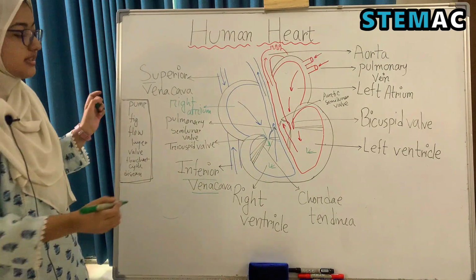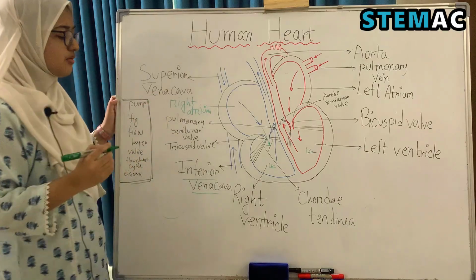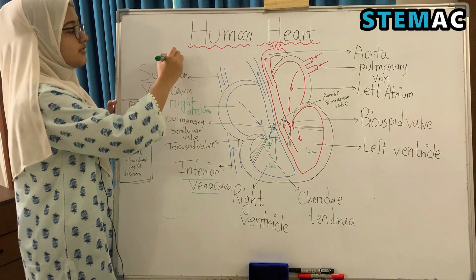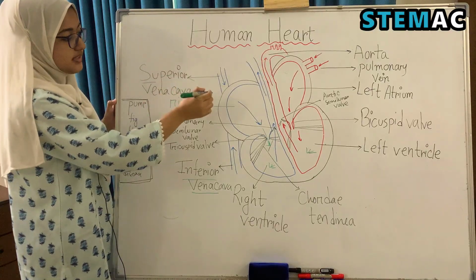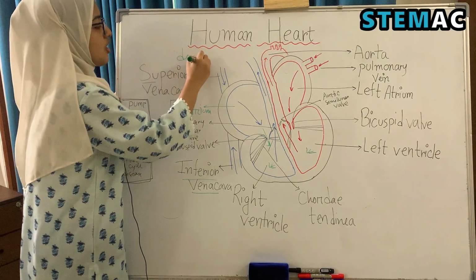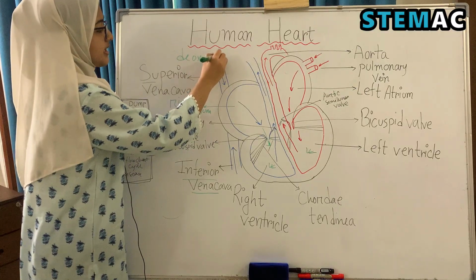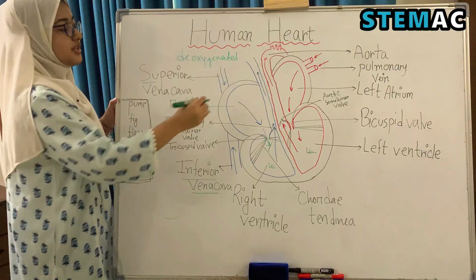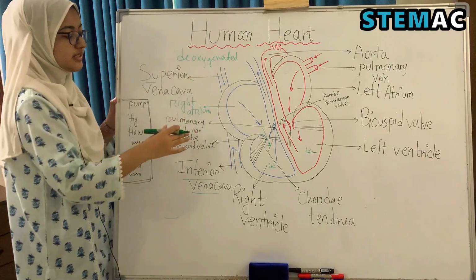Now tell me, the blood that is coming from the cells, from the body towards the heart, will always be deoxygenated blood. Or in simple terms, we can say there will be more carbon dioxide in this blood.